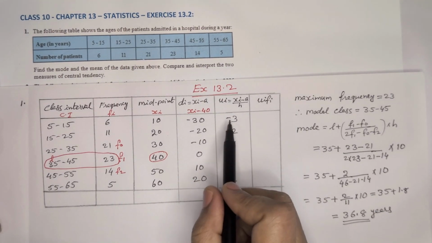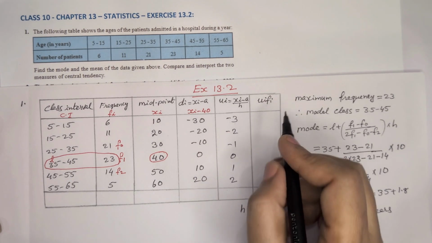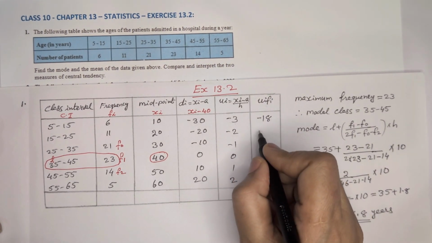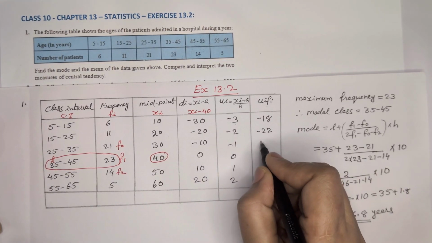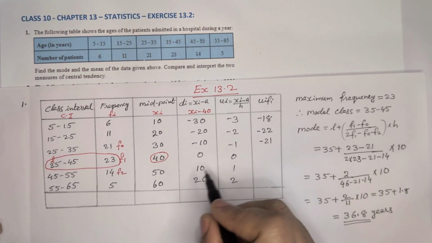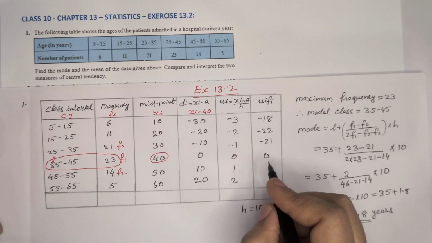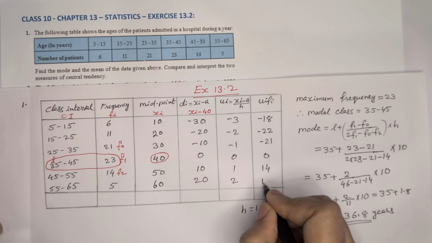Then we have to multiply ui fi: minus 3 into 6, minus 18; minus 2 into 11, minus 22; minus 1 into 21, minus 21; here 0; 1 into 14, 14; 2 into 5, 10.